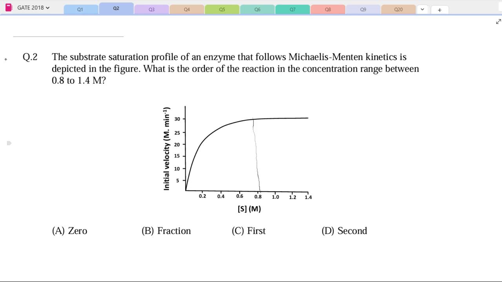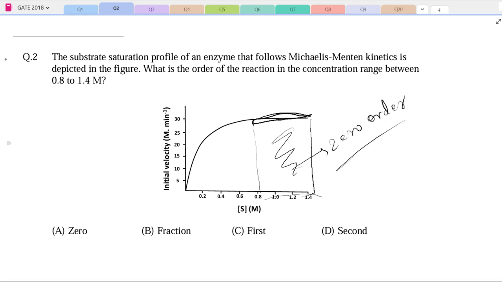Clearly in this region, you can see that the velocity of the reaction remains almost constant despite the increase in the substrate concentration. This clearly means that this is a zero order reaction. If you know basic chemical kinetics from your 12th standard textbook, this is a very simple question to solve. So the answer here is option A, which is zero order kinetics.